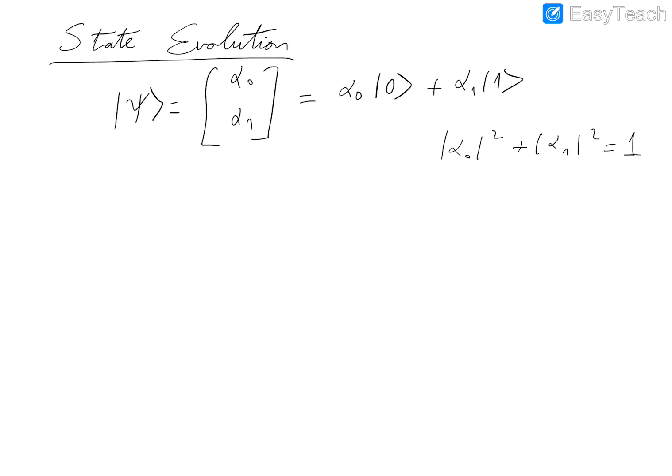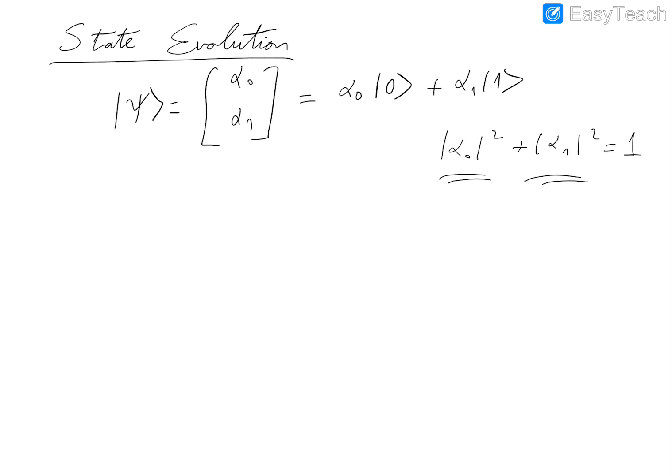Now, this doesn't mean that the qubit is in either state 0 or 1 with these probabilities. It means that it's in the superposition of 0 and 1 with these probabilities. Okay? So unlike a classical probabilistic system, a qubit can be in all basis states.